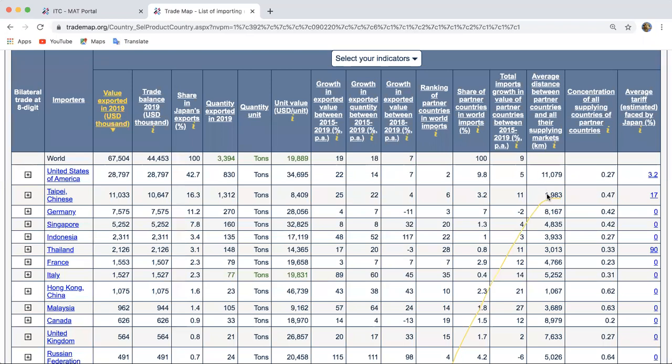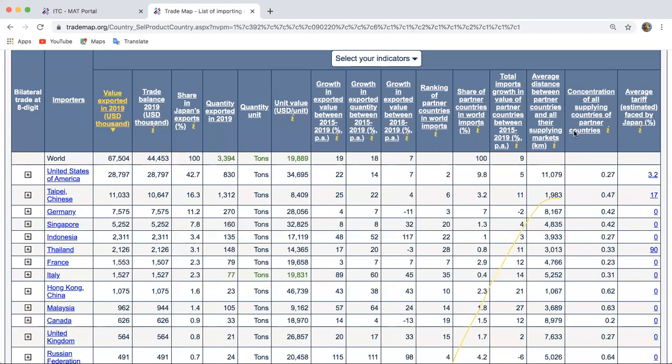Chinese Taipei imports green tea from countries that are on average 2,000 kilometers away. So this means the opposite of the previous table we saw, but it's the same idea. So it's actually interesting to see if Japan is closer, because we want to export our green tea from Japan. Is Japan closer than the average supplier to the US?